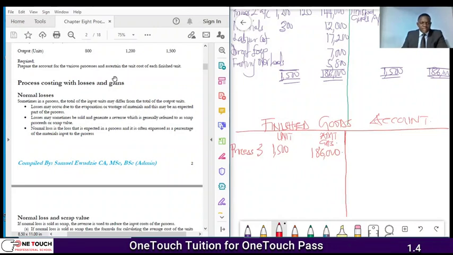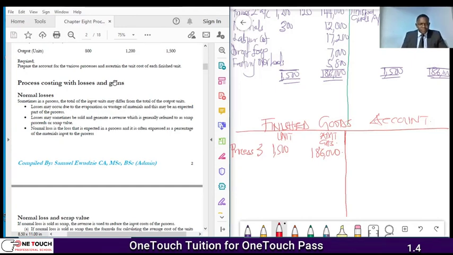Sometimes in a process, the total of the input units may differ from the total of the output units. Now, why? This is as a result of the following. Losses may occur due to the evaporation or wastage of materials, and this may be an expected part of the process.